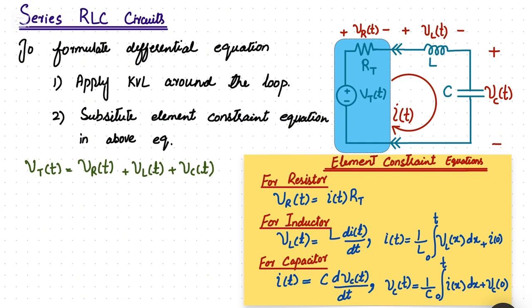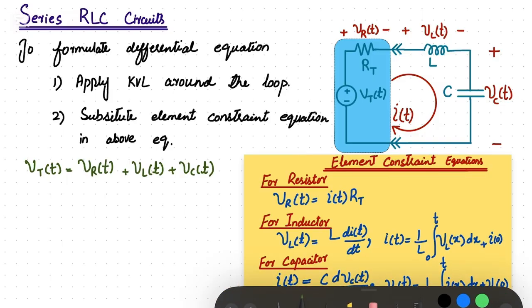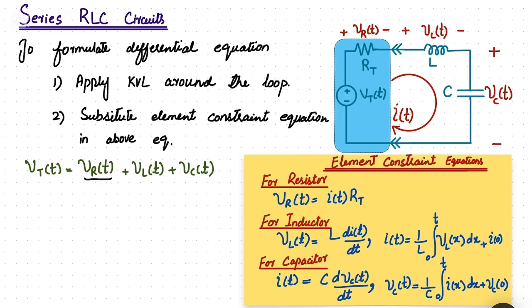These are the element constraint equations. So if we initially focus on this KVL equation, we know that we have three unknown variables. Vr of t is an unknown variable, VL of t is an unknown variable, and Vc of t is an unknown variable. All these three unknown variables, we basically want to convert into a single unknown variable.